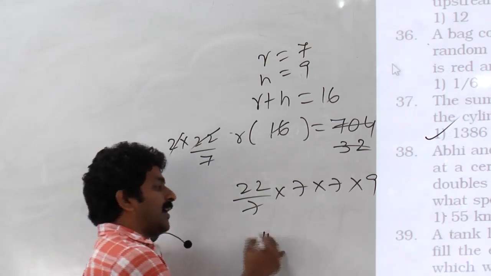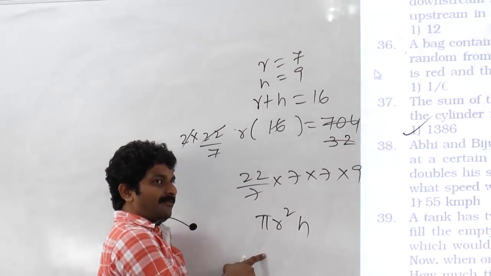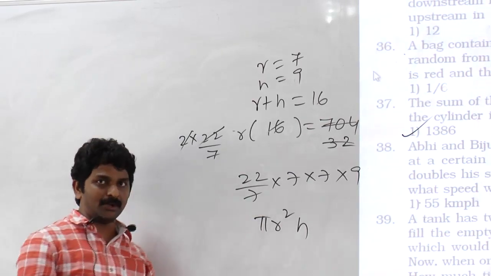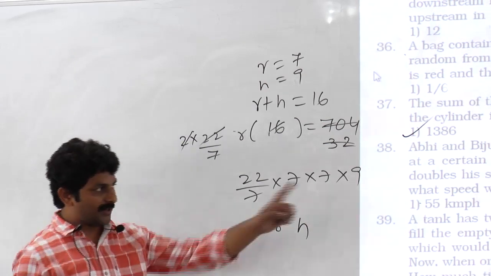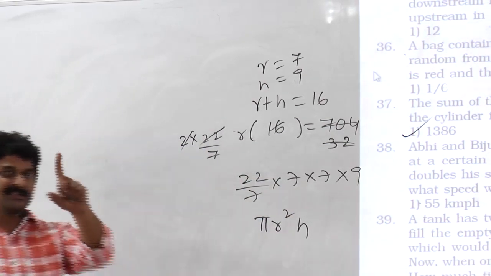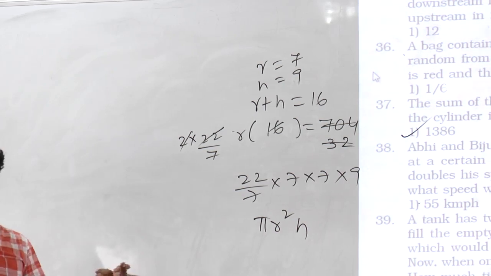As you are asked about pi r square h, you have 22 by 7. You cannot cancel 22 in the numerator. Answer should be a 22 multiple, a multiple of 11. There is only one 11 multiple, go for it. Need not write a single letter or single number. Just verify the 11 multiple. Need not know anything, right?